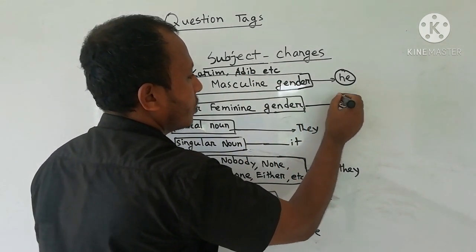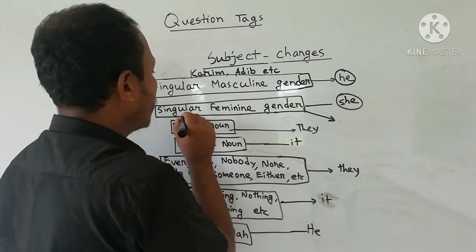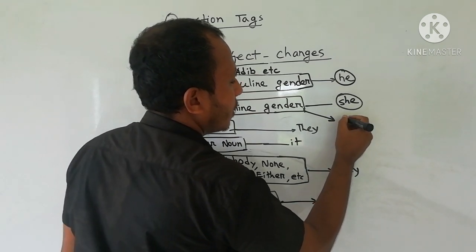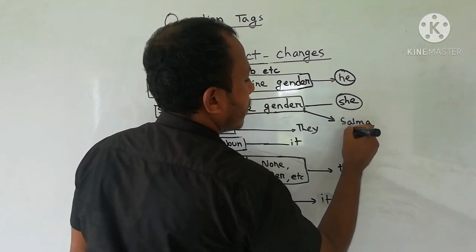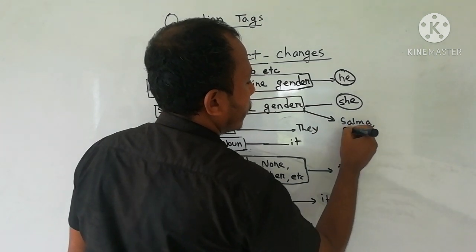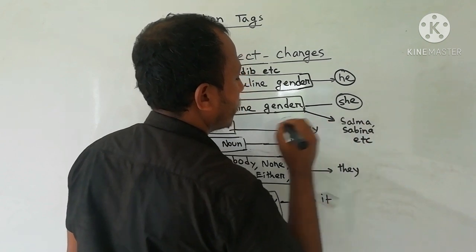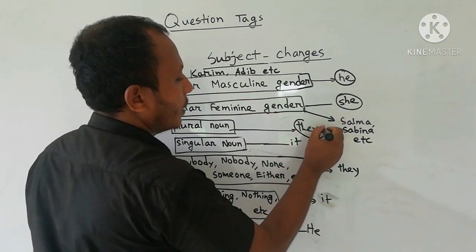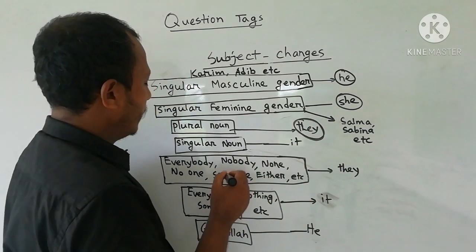She, this pronoun will be used for singular feminine gender. Singular feminine gender are Salma, Safina, etc. They is also a pronoun in plural form.